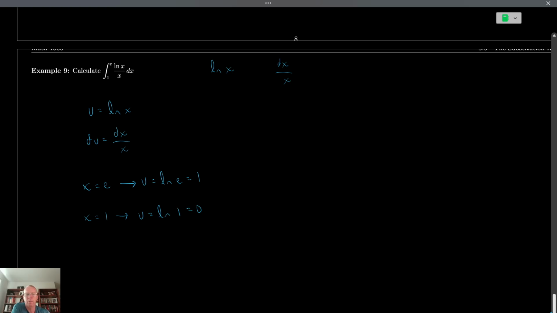So this becomes the integral from 0 to 1. ln of x is u. dx over x, which is what we have left, is du. So integrate u, we get 1/2 u squared from 0 to 1, and that's just going to be 1/2. So I won't write out all that, but we just end up with 1/2.